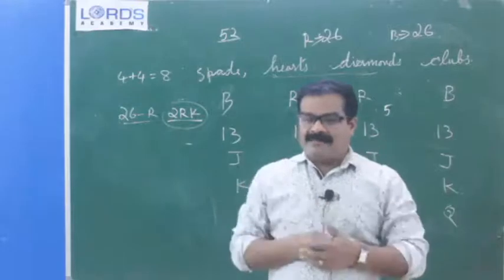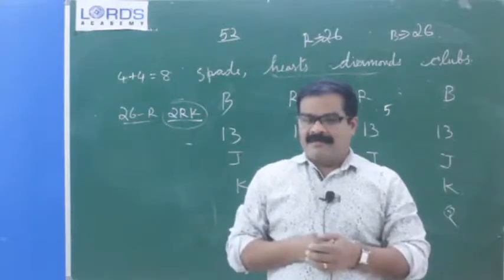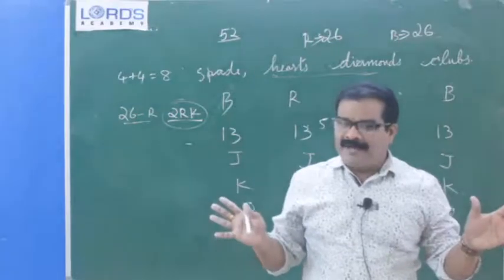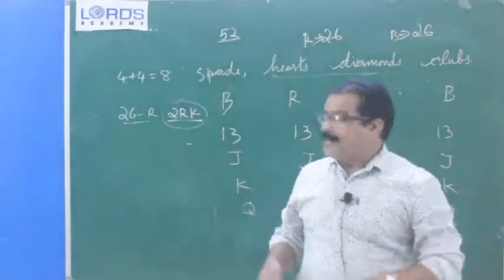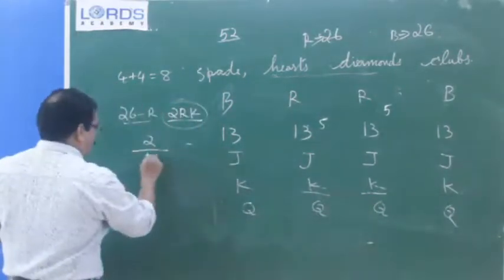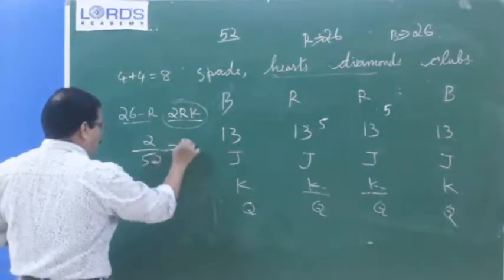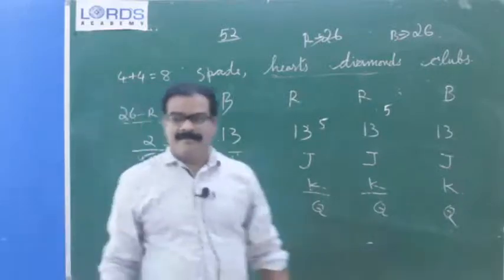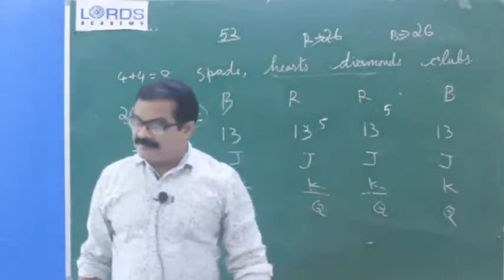Common cards? 2. Therefore, favorable case is 2. Okay. Therefore, probability will be 2 by 52, that is equal to 1 by 26. Clear? 1 by 26.